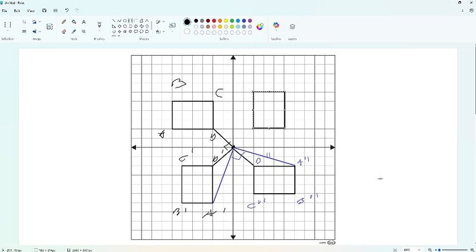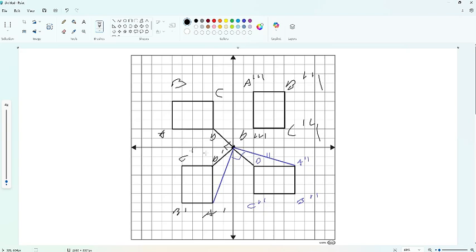How would that work? 90 degrees, 90 degrees, 90 degrees. Now these are closest, so D triple prime, A triple prime, B triple prime, C triple prime.